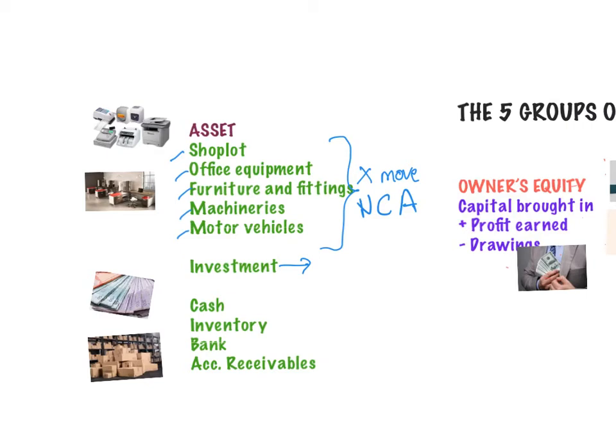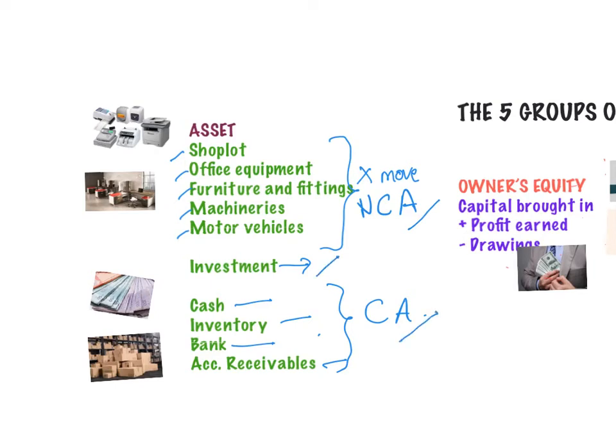Okay, and then after that, as you can see here, we have cash, inventory, bank, account receivables. These are the items that can be easily converted into cash. So this is what we call the current asset. So as you can see here, assets can be divided into 3, which are the non-current asset, investment, and the current asset.